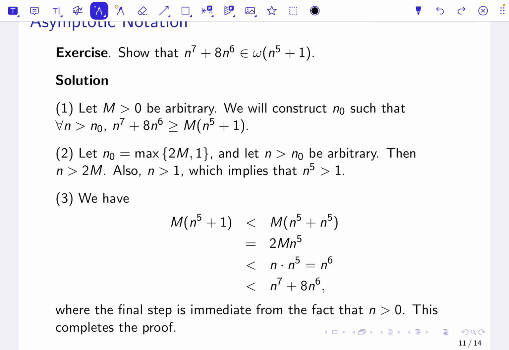Okay, let's do our first proof with one of these. As always, the first step is to remember the definition and figure out which inequality you're going to prove.